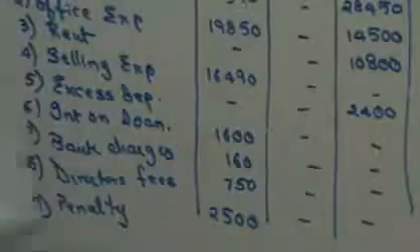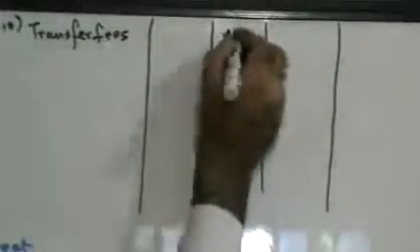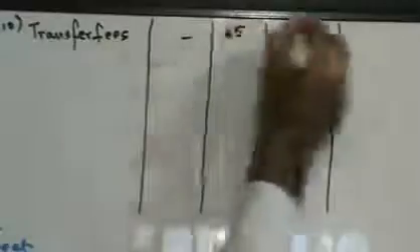Right? Let's move on ahead. The gains during the year not included in cost are transfer fees. Transfer fees is a credit side entry since it's a gain. So this will be 45 on the credit side.